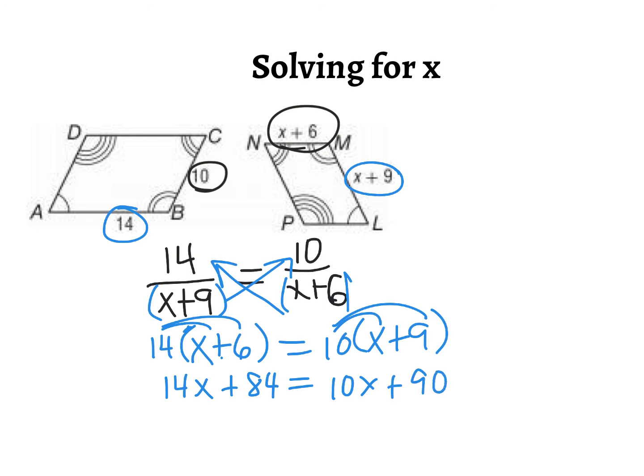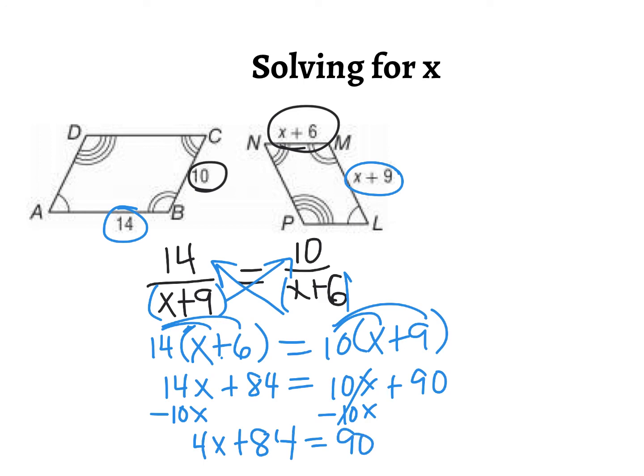And then you just combine like terms, right? You want to move the x's to the same side. So I'm going to subtract the 10x to move it to the left. We're left with 4x plus 84 equals 90.